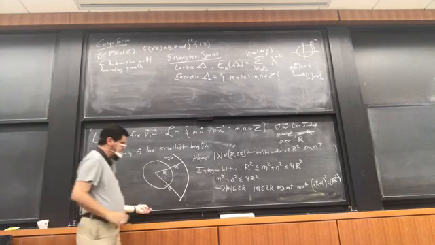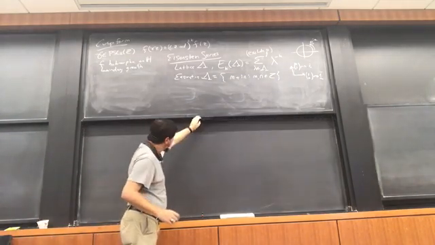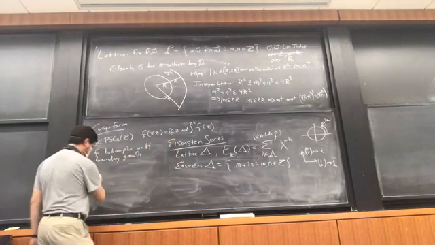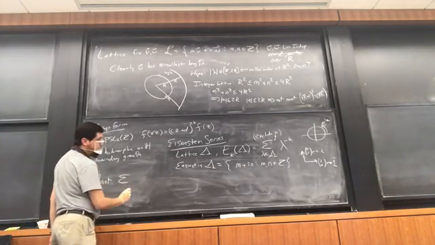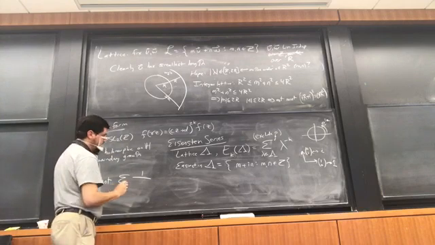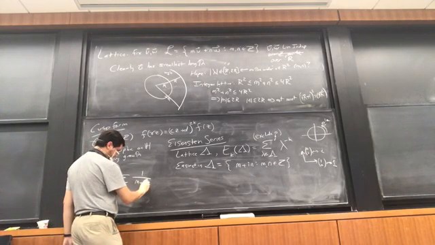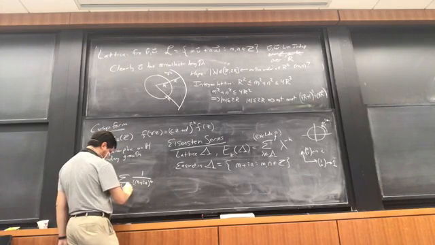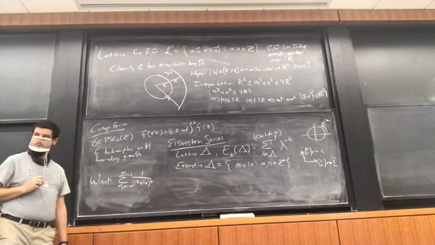If we want this to converge, we want the sum of 1 over |m + ni|^k, with m, n going from minus infinity to infinity, excluding the pair (0, 0).